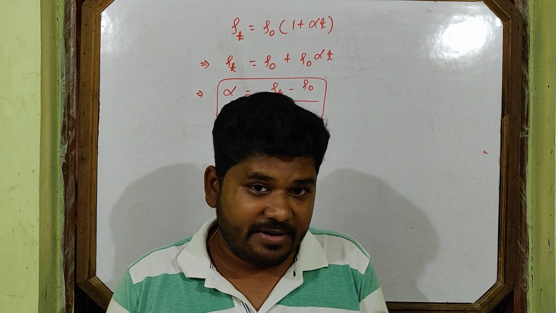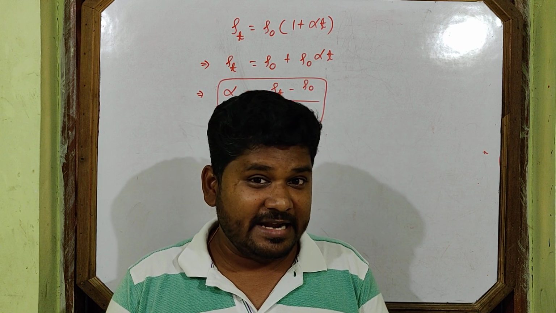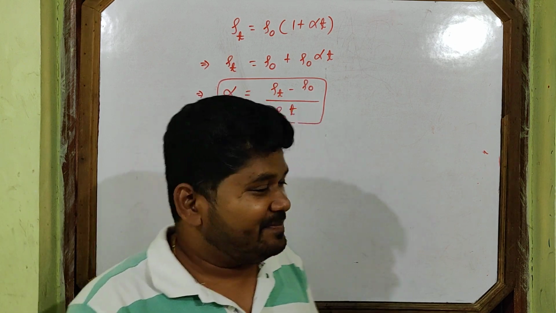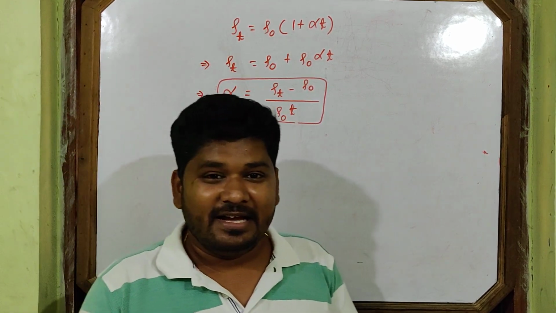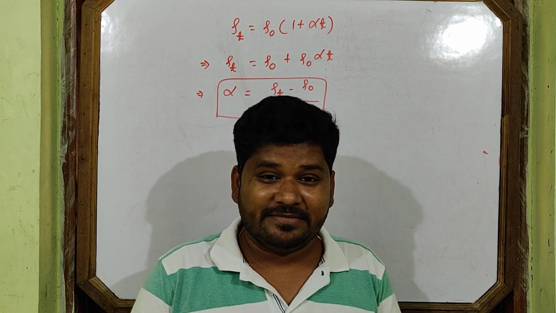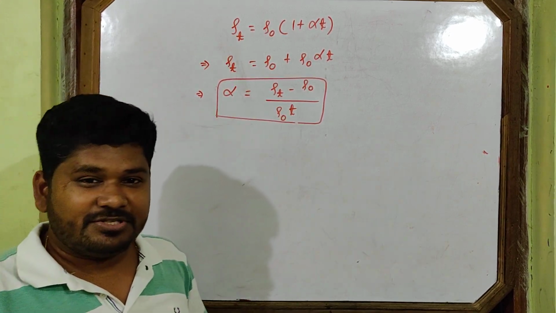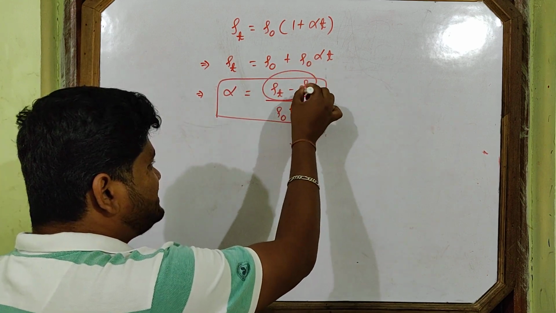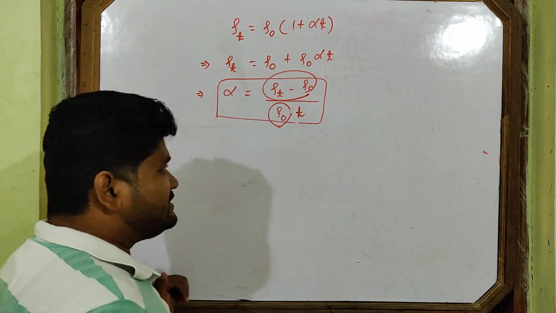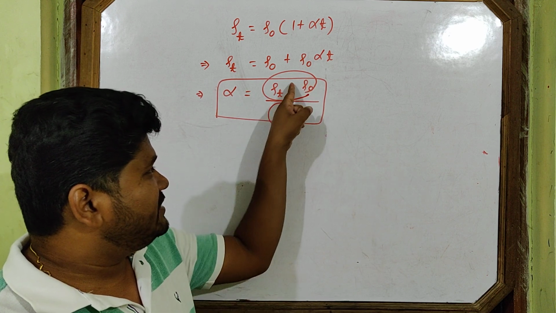If it comes in the exam, you should be able to write its SI unit. It many times comes in the board examination as well as in school examinations. What is the SI unit of temperature coefficient of resistivity? You see, the resistivity unit in the numerator and the resistivity unit in the denominator will cancel.